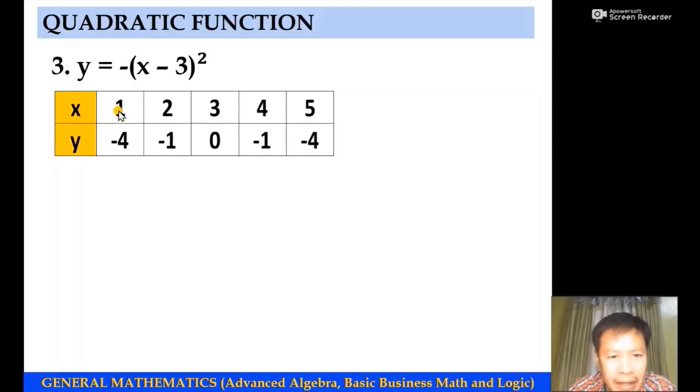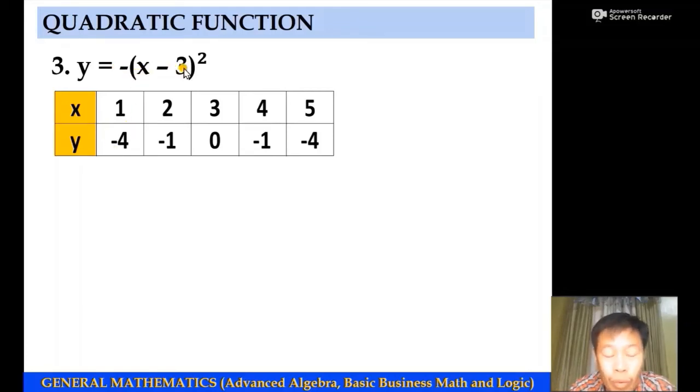Now we will proceed here. 1 minus 3 is negative 2. Negative 2 times itself, because we have the exponent 2, is 4. Because negative times negative is positive. Positive 4 times negative 1 is negative 4.